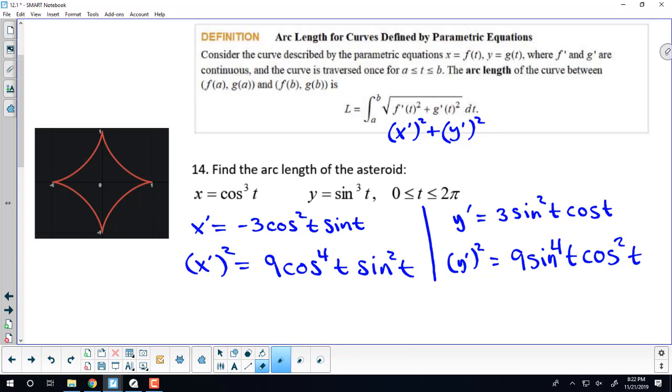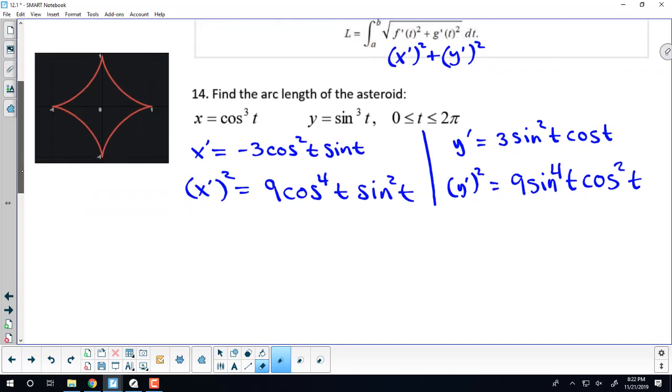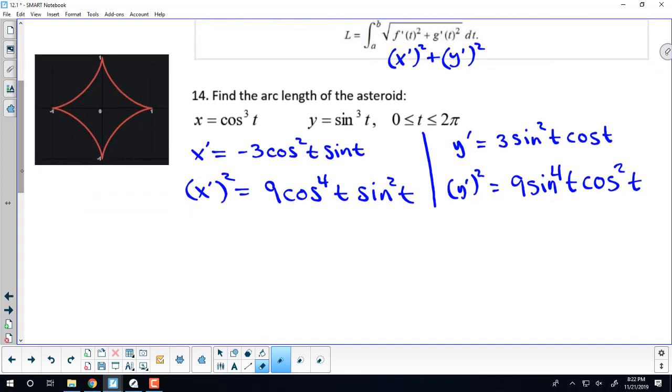So we have to add those two derivatives squared under the radical. We're going from 0 to 2 pi.